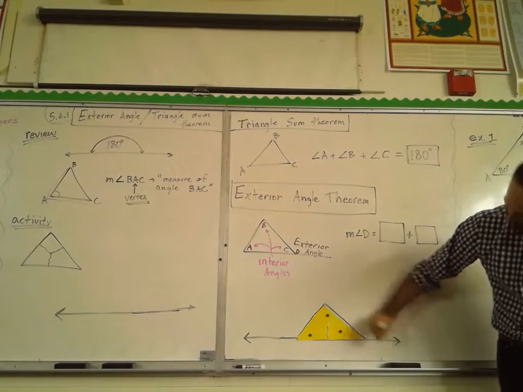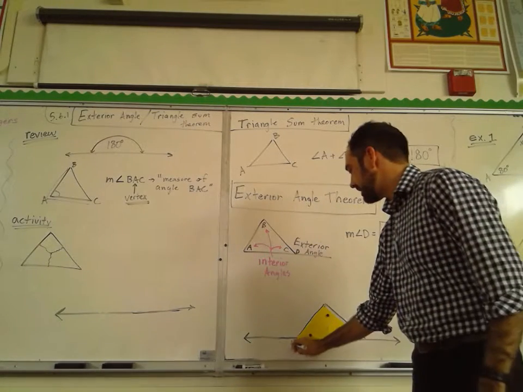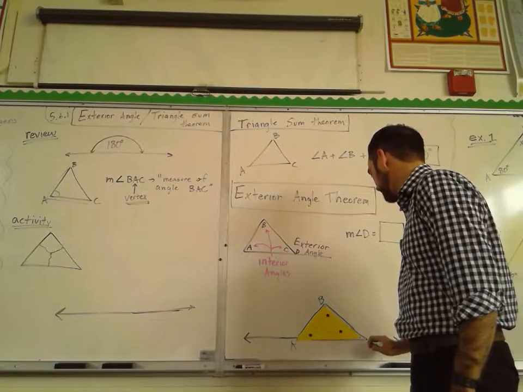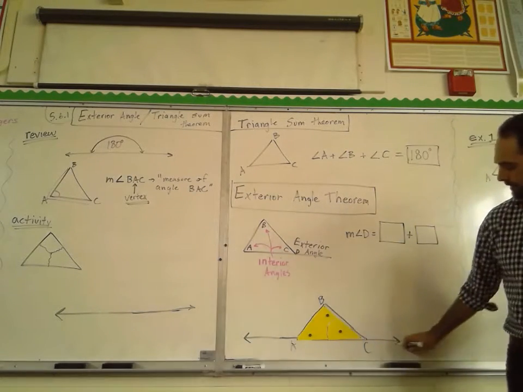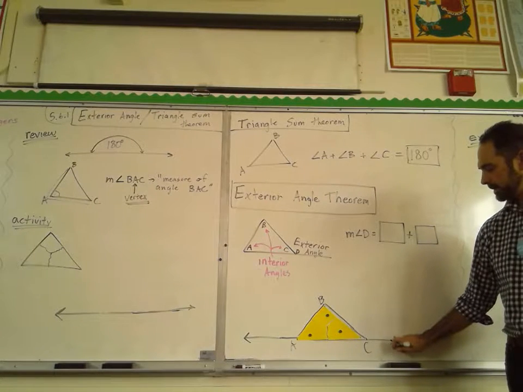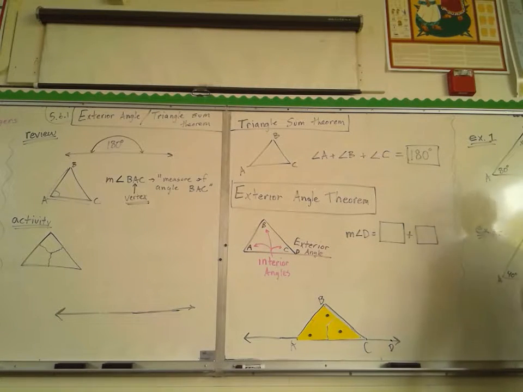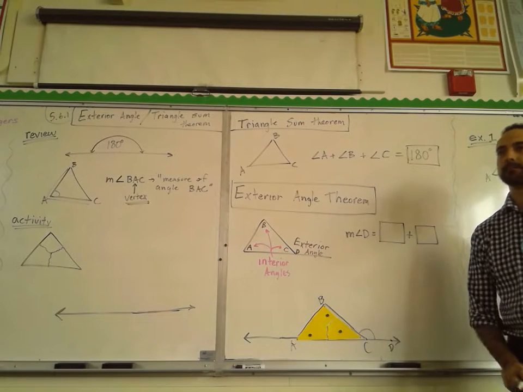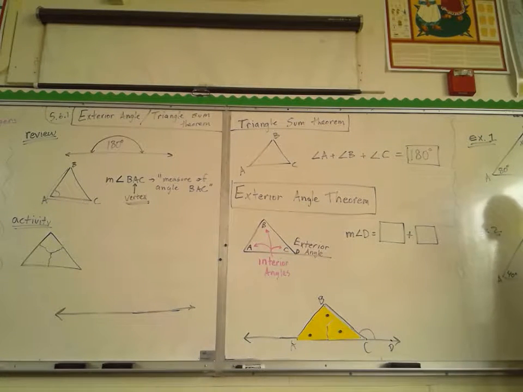All right, let's call this ABC. Let's put a D over here. What is the name of this angle right here? How do we name off angles again? Obtuse. It is obtuse. That is a label based on angle. Perfect.